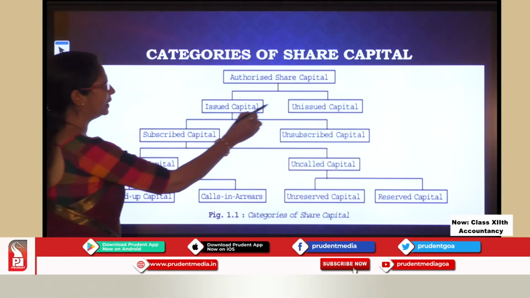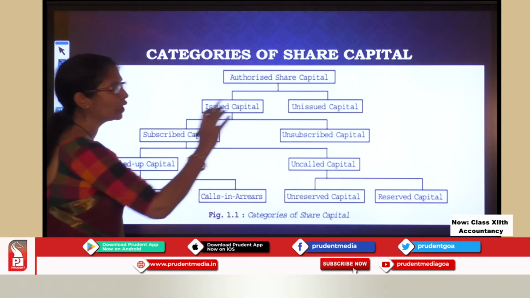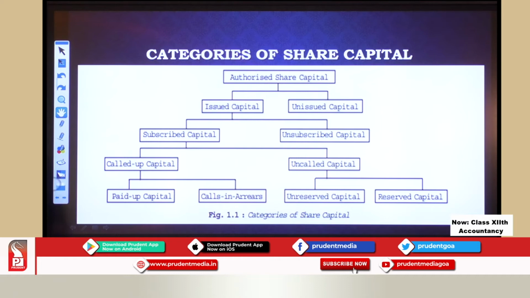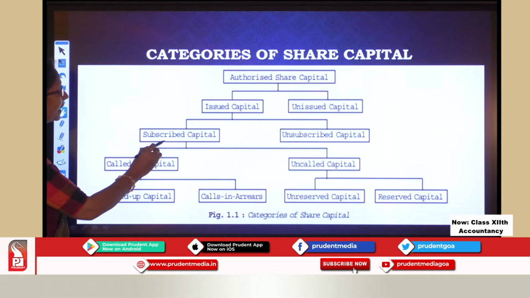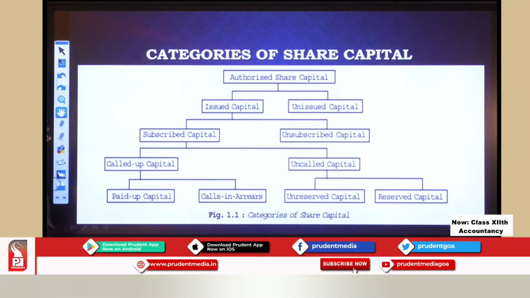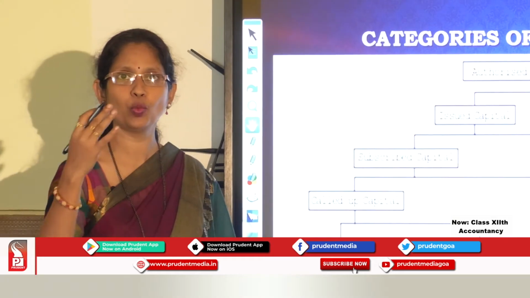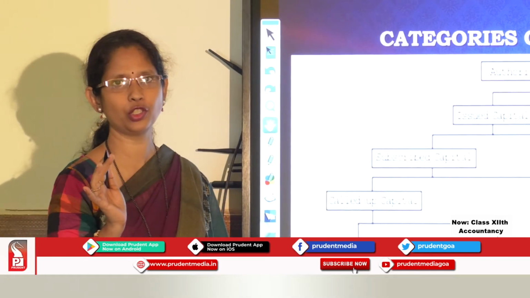Unissued capital, that is a part of authorized capital which is not issued yet by the company, that is unissued capital, means which is not offered for public subscription. Now this issued capital can be further classified as subscribed capital and unsubscribed capital. Now supposing company has issued 1000 shares for public, doesn't mean public have to buy all 1000 shares.